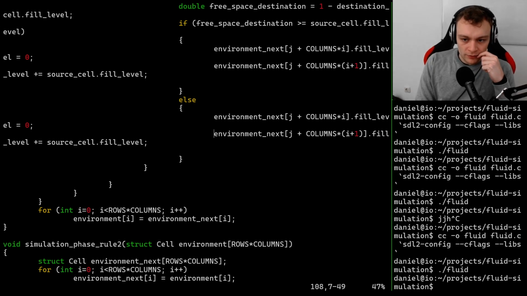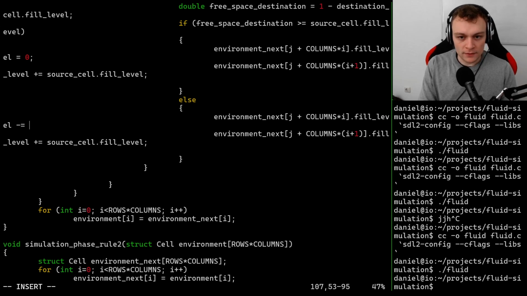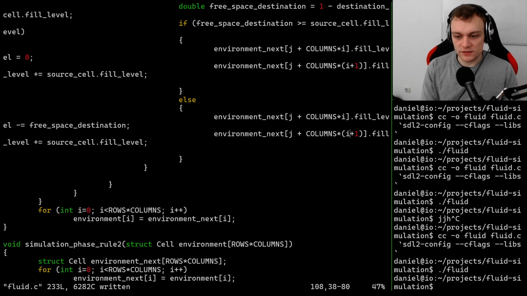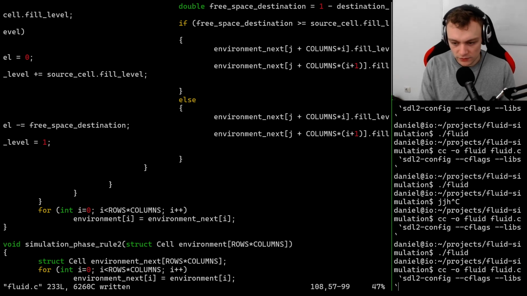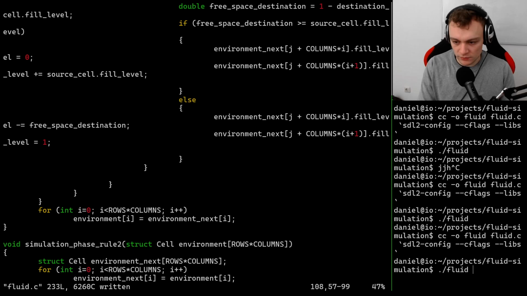And then the source cell fill level is not going to be 0, but it's going to decrement by the free space in the destination cell. And then the destination cell fill level is going to be set to 1. That should be it, I think. Let's see how that behaves in a compiled version of the program.